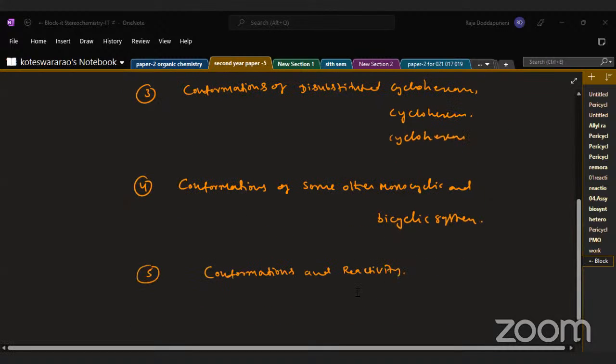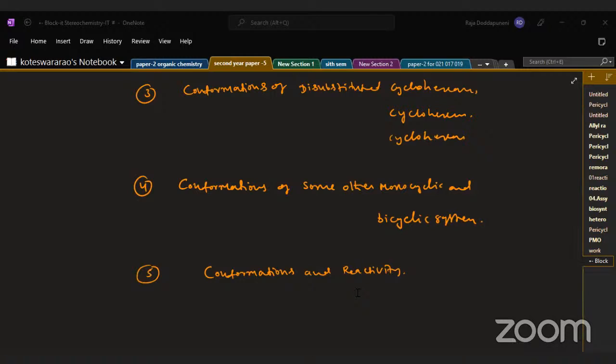These are exceptions from the previous ones. Those new monocyclic and bicyclic compounds, which may contain higher numbers of carbons, we are going to deal with here. Next, the fifth unit deals with conformations and their reactivity. Some conformations have more reactivity, and some show less reactivity. The relation between conformation and reactivity we are going to deal with here.